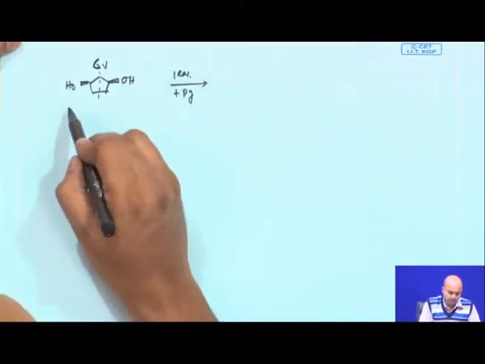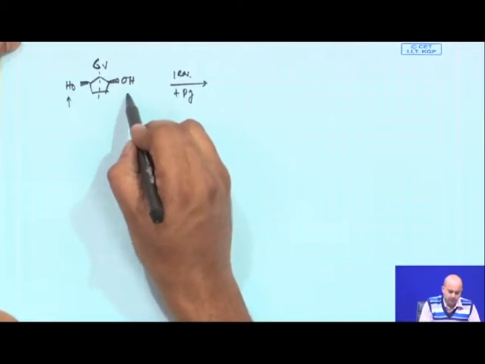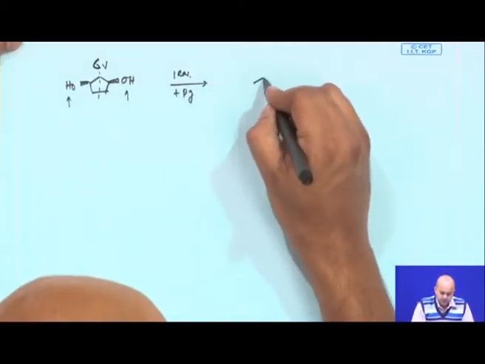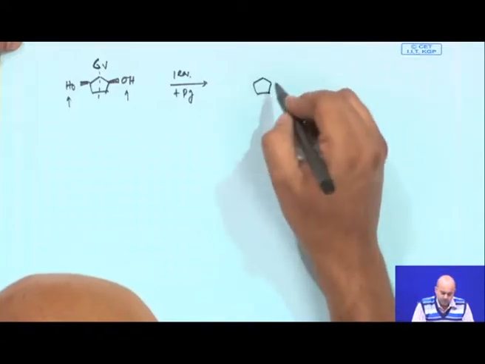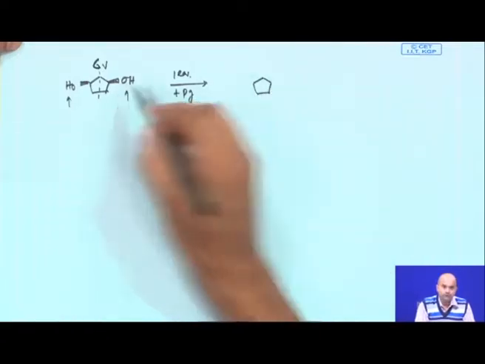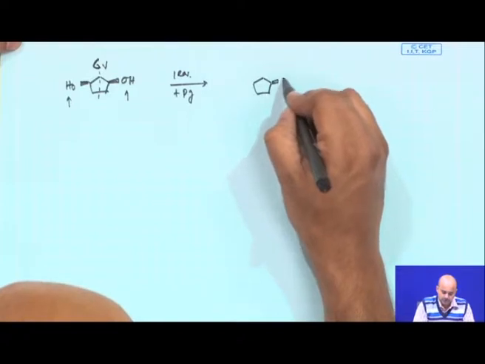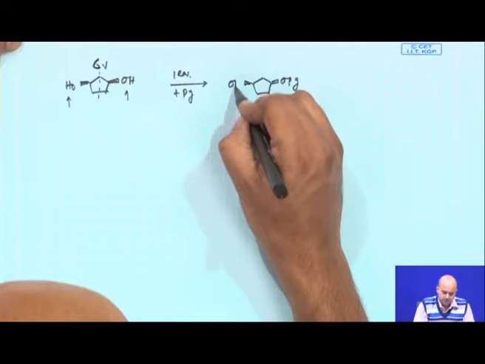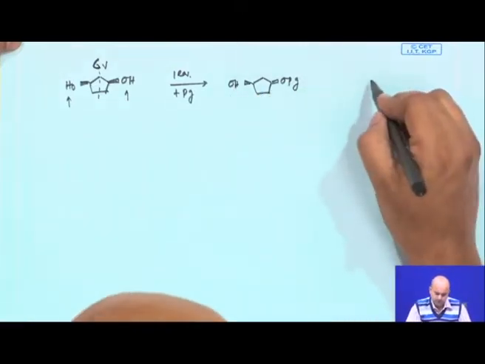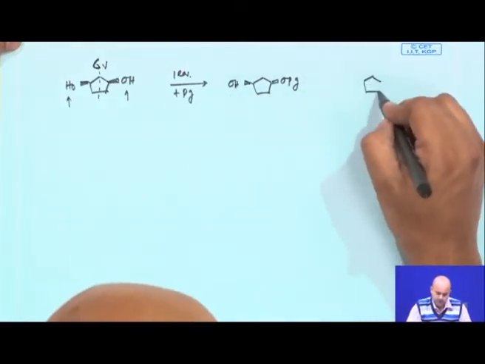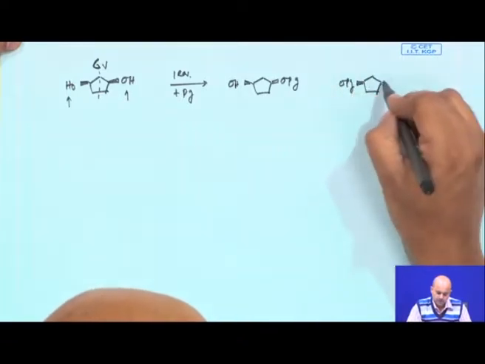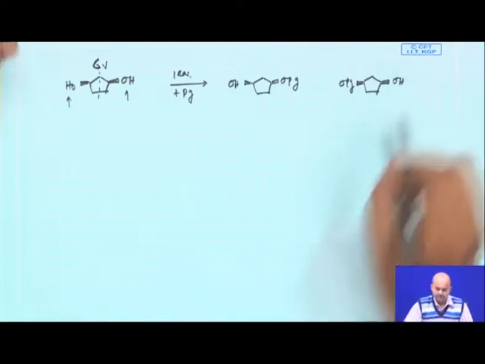In principle, this protecting group can come here as well as here. Let us first see that if the right hand side OH is protected, you get this. And if the left hand side is protected, you get this compound.